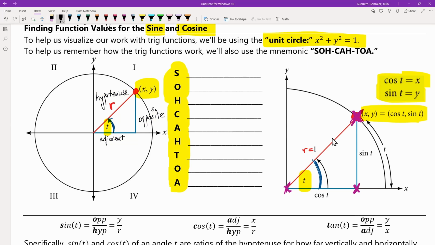Okay, so here we go. We say that sine is opposite over hypotenuse. Cosine is adjacent over hypotenuse. And tangent is equal to opposite over adjacent.